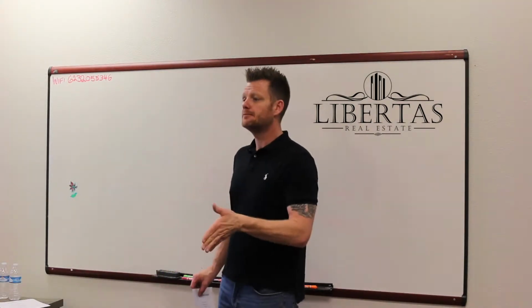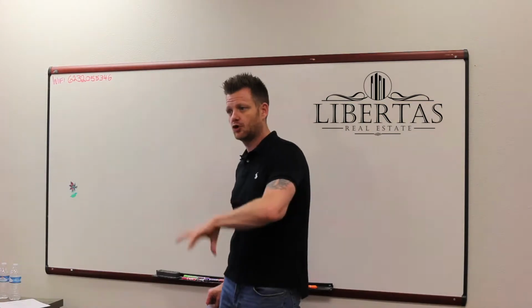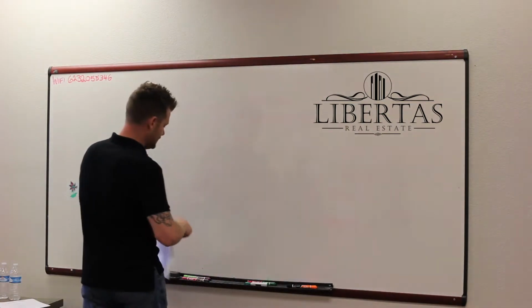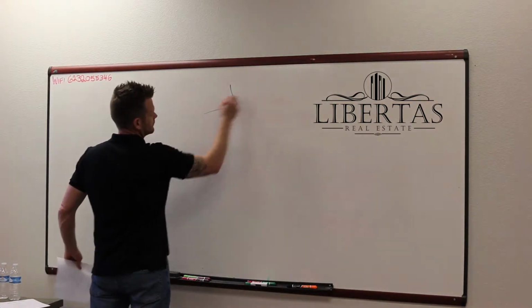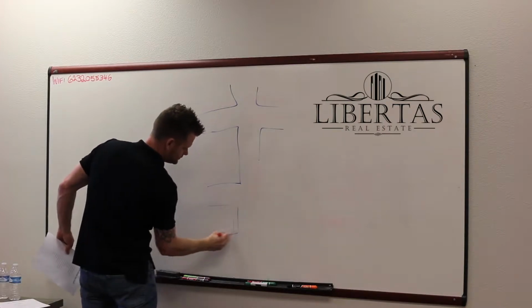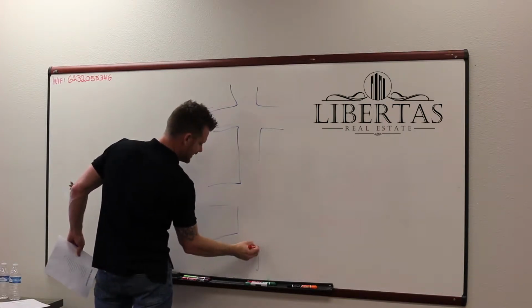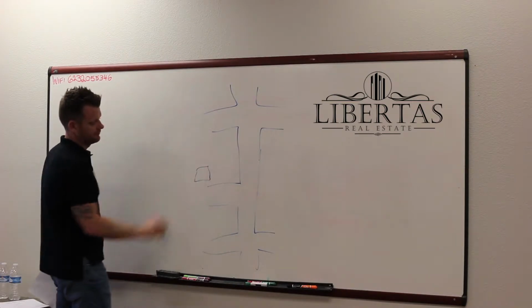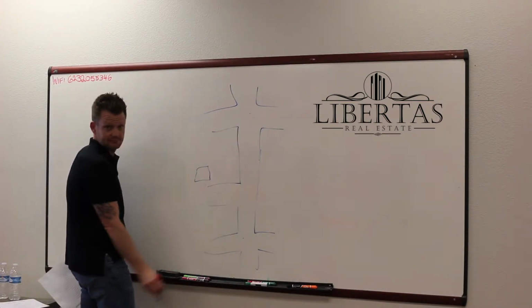So here's the deal. I would say at a minimum, you're going to want 2 open house signs per major intersection. So, since we got a whiteboard, let's do it this way. For example, doodle time. And this is obviously not to scale, but let's say your property was over here. These are two major intersections, right?